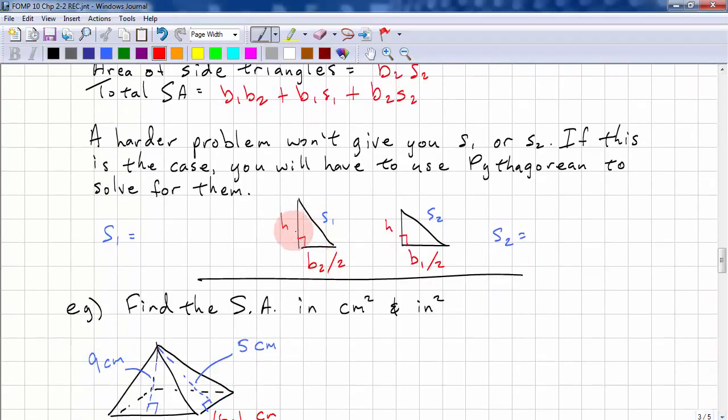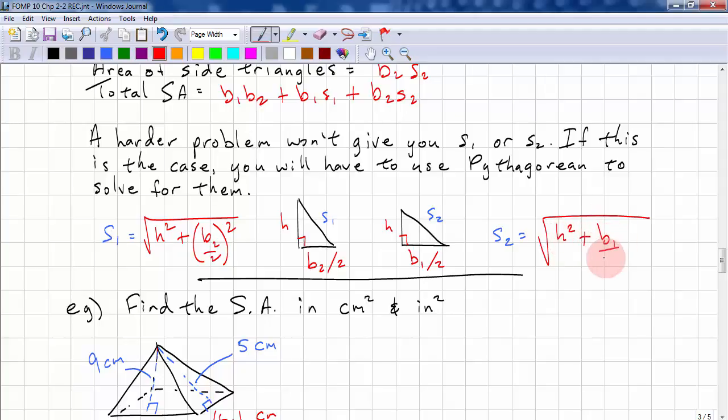So we have H squared, B2 over 2 squared, and S1, and similarly for S2. So S1 is the square root of H squared plus B2 over 2 squared. And S2 is the square root of H squared plus B1 over 2 squared.